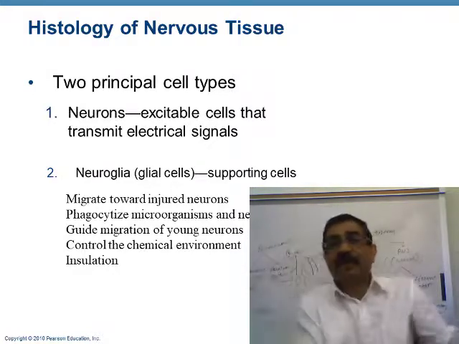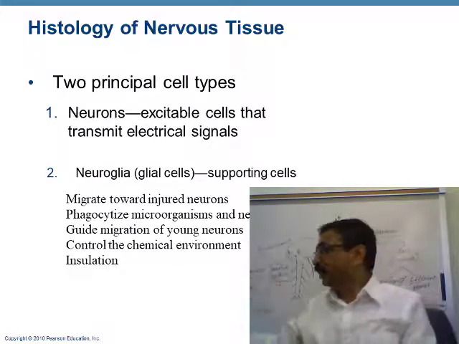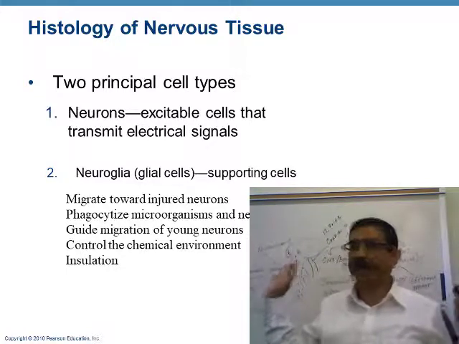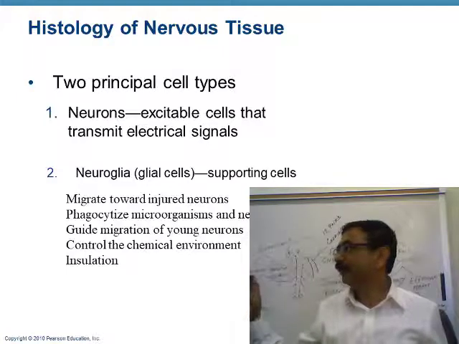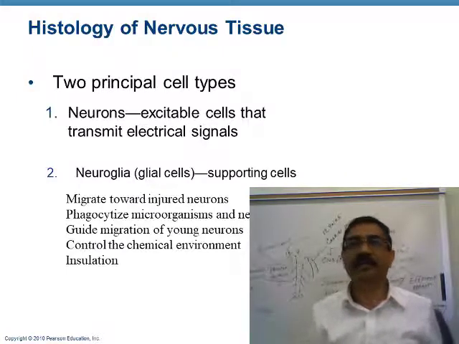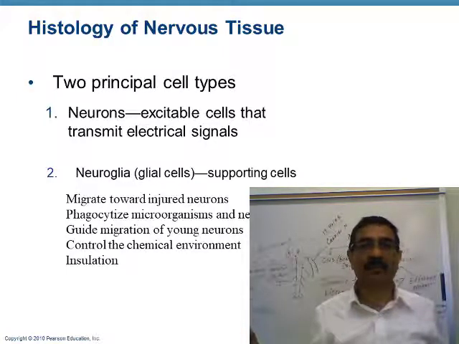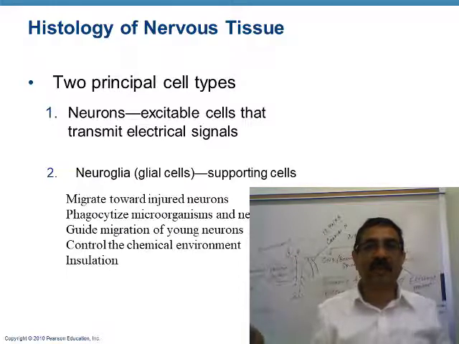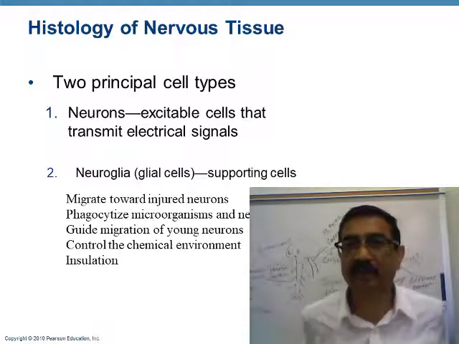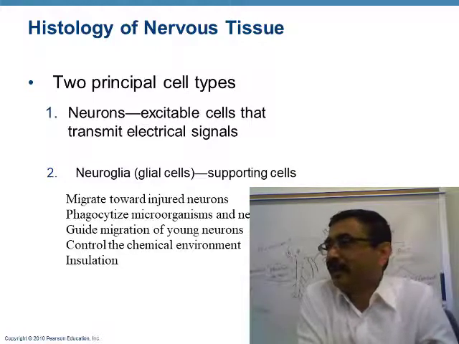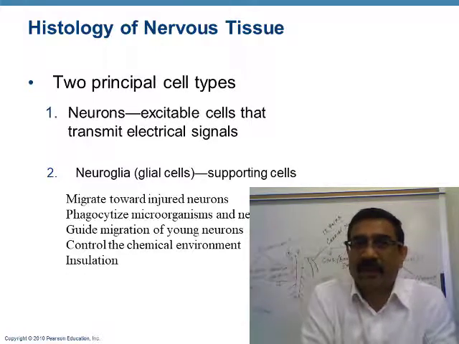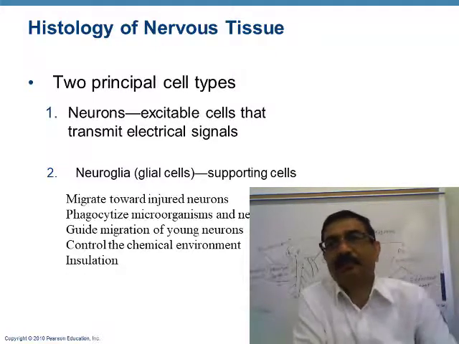Very simple answer: generation and transmission of electrical signal. That's the function of the neuron. Neurons perform their functions by producing and transmitting the electrical signal, and that signal will then release the neurotransmitters.